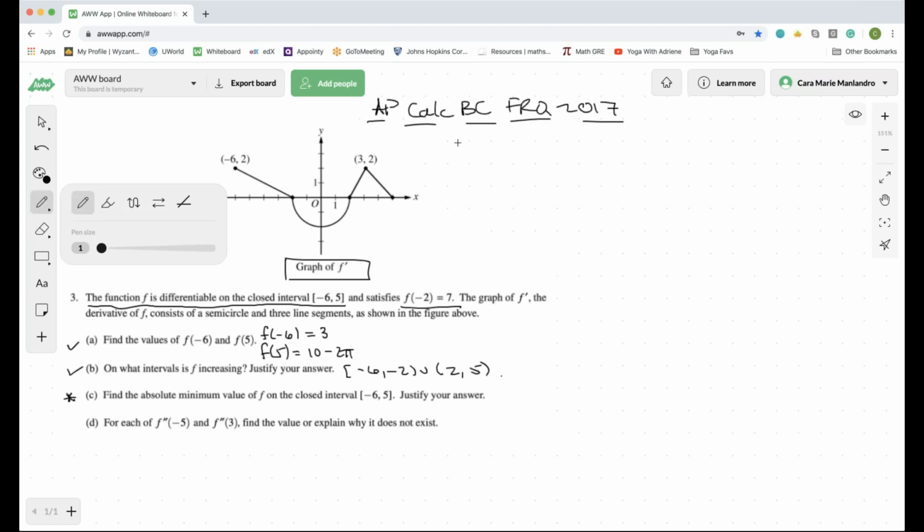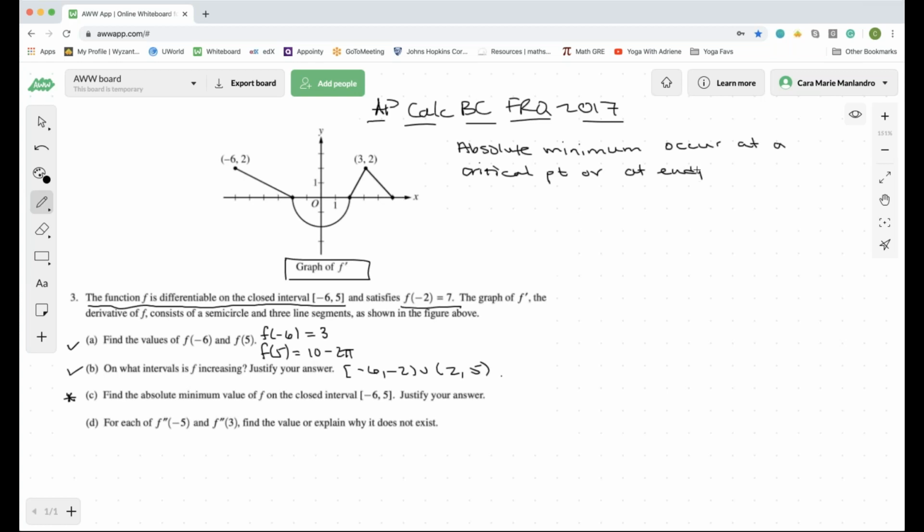All right, so we can say that the absolute minimum is going to occur either at a critical point or at the endpoints. And you always have to check those endpoints. I actually think that's pretty tricky. All right, and we can check the critical points though.